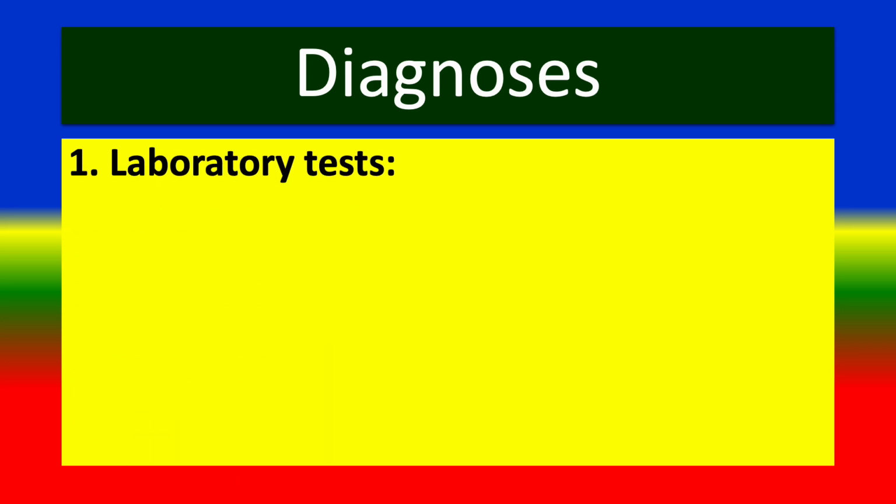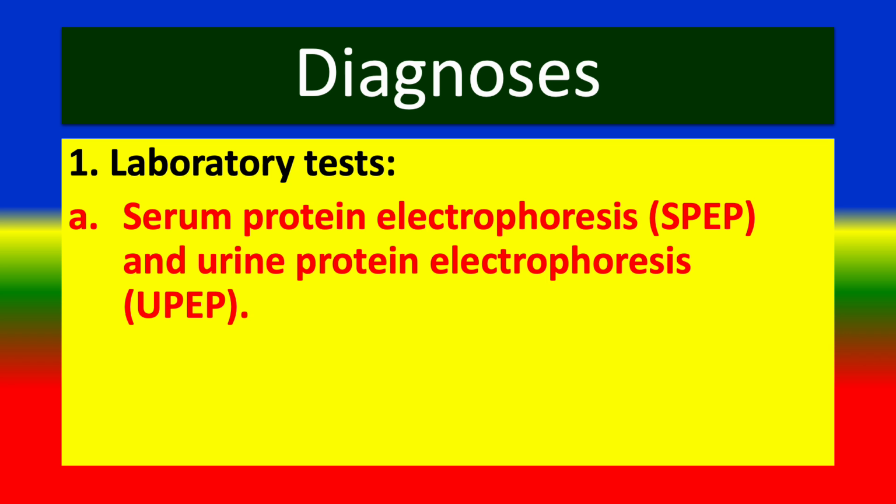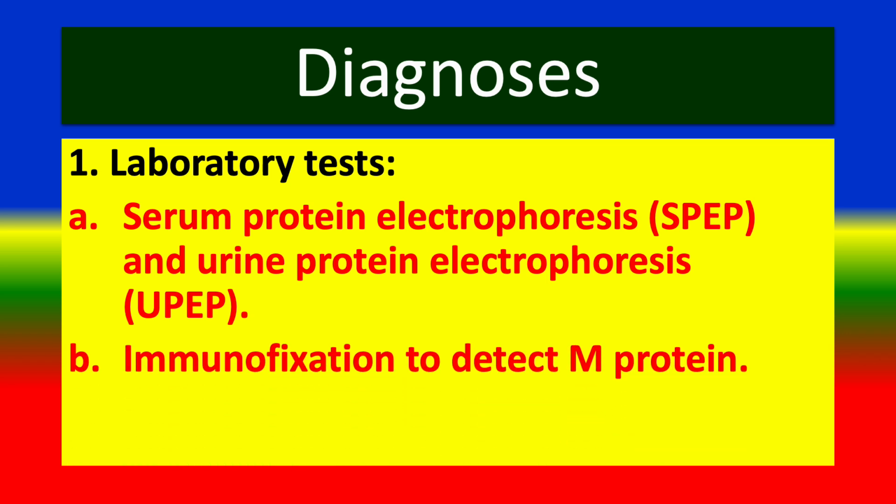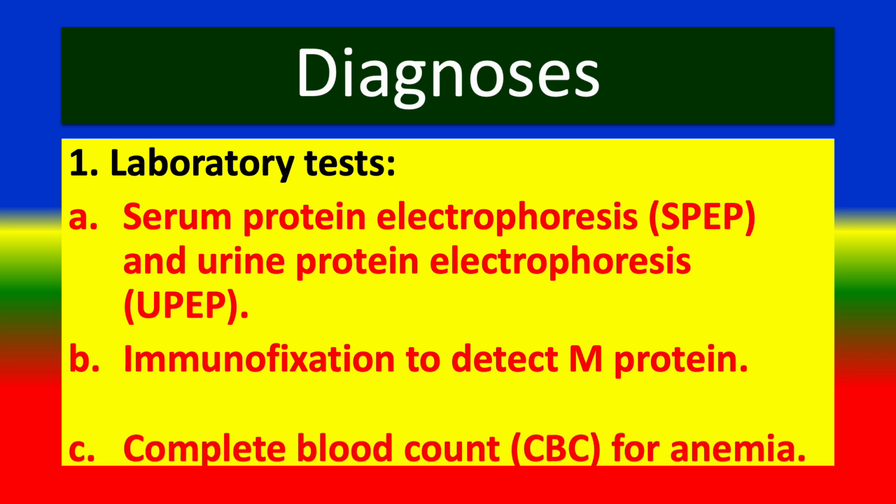Diagnosis. 1. Laboratory tests. A. Serum protein electrophoresis and urine protein electrophoresis. B. Immunofixation to detect M protein.